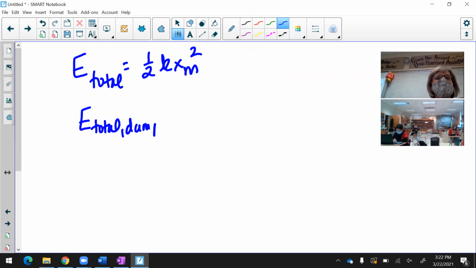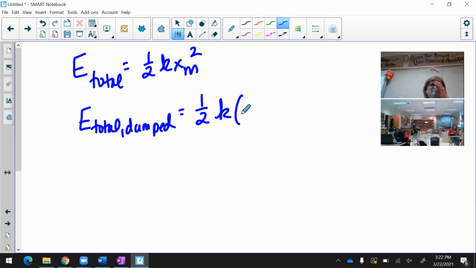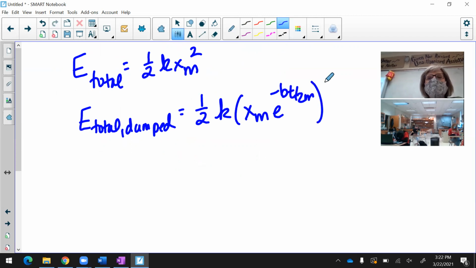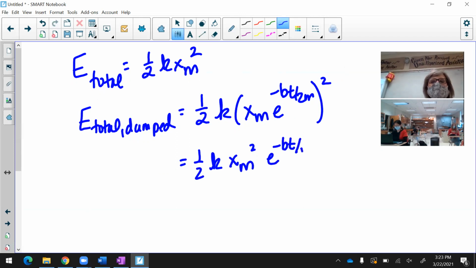So E total for a damped oscillator, if x_m is the thing in front of the cosine function, is going to be 1/2 k times (x_m e to the negative bt over 2m) squared, or 1/2 k x_m squared e to the negative bt over m.